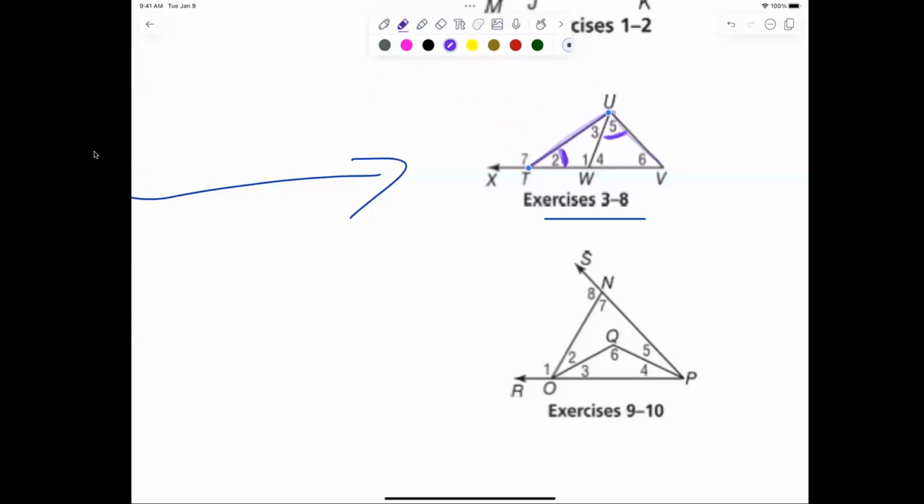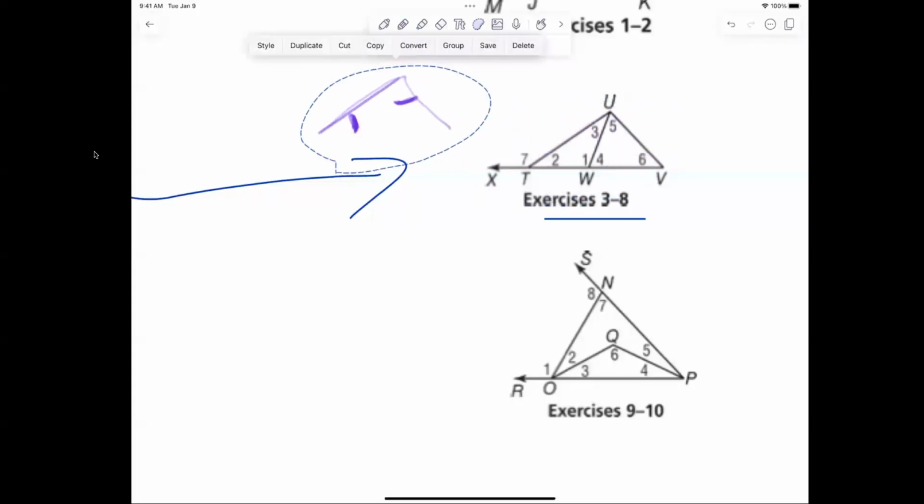Just because the figure looks like that doesn't necessarily mean that it has to be true in all those cases. Do you understand what I'm trying to tell you? So some kids who are literal, they look at it and they can only see angle 7 has to be obtuse. That's why I try to demonstrate that just because UT is drawn like that, I can swing that UT over and create the same information. You see what I'm trying to show you?